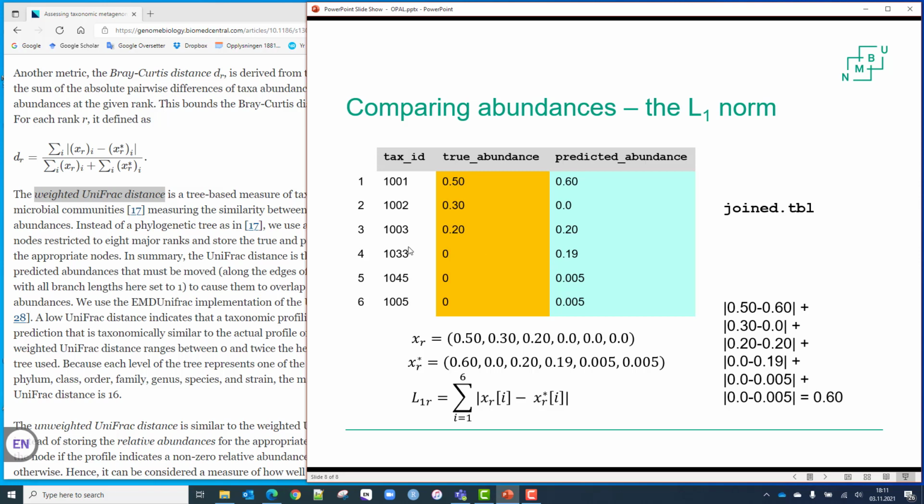But what now if this taxon here is a very close relative to this taxon here? It's not the same, since there are two different taxon IDs, but this could easily be a species which is very closely related to this species here.